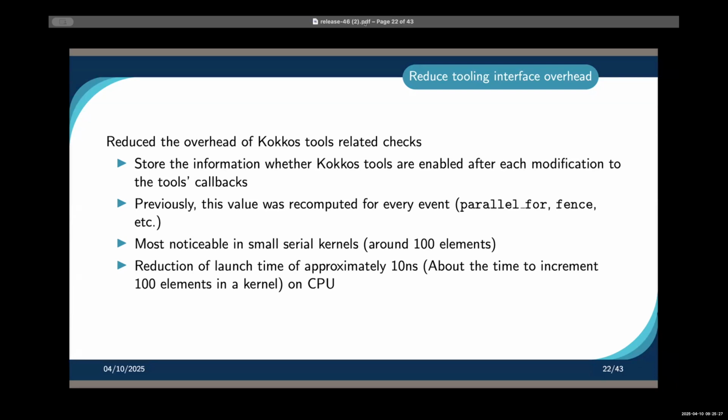I think the motivating example for this was a user wanted to launch these small serial kernels thousands of times, and they were noticing that it was slower than expected. We see a reduction of about 10 nanoseconds per kernel launch. So small, but a decent reduction in the overhead for the tooling.